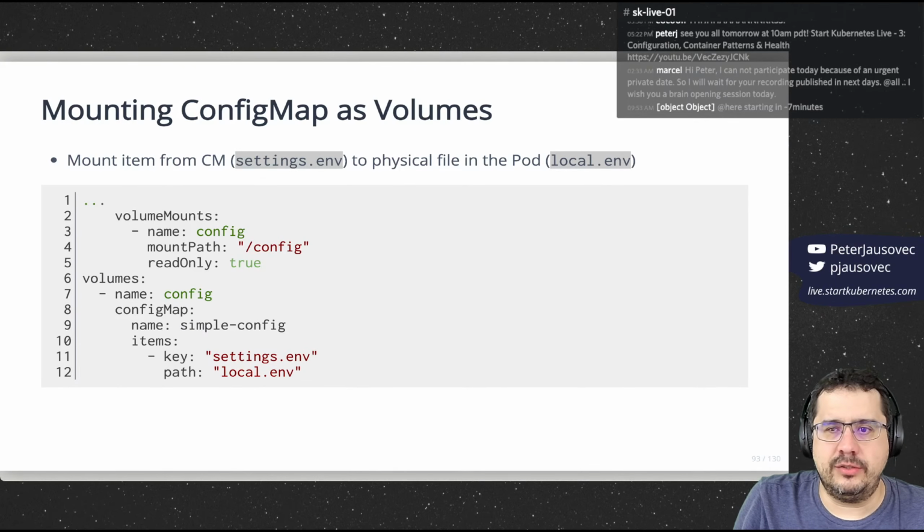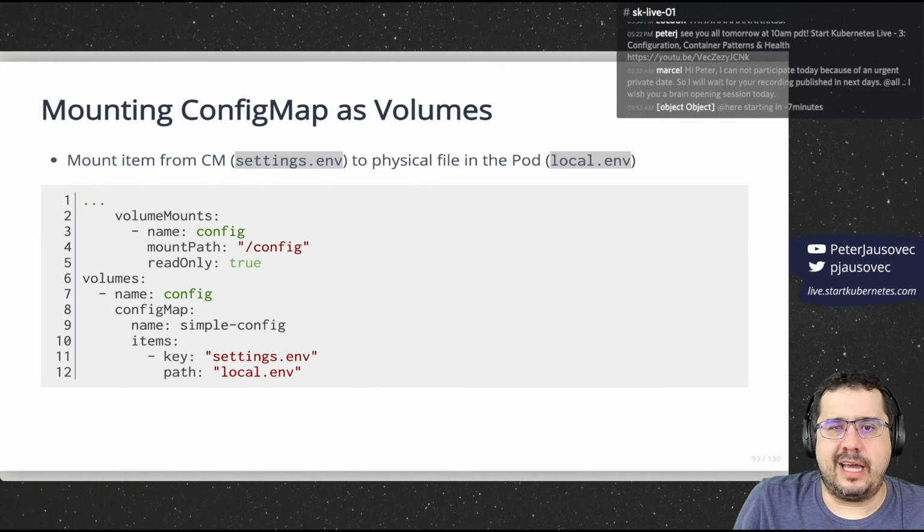Then on line 2, using the volumeMounts field, we can mount this config volume under a specific folder inside of the container. On line 3, we're referencing the volume that we defined on line 7. And then on line 4, we're saying mount that volume under the /config folder and mount it as read-only.